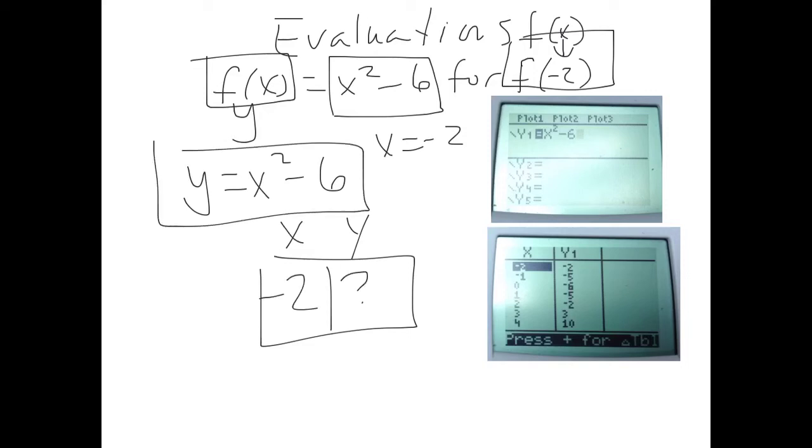So I take this, type it into my calculator into y equals. Then I hit second graph to get the table to come up. Then I go on the table and I find my negative 2, and we find that that also goes with negative 2. Okay? There's some ways you can plug in and stuff, but I still feel like using this y equals in your table anytime you have this f of x stuff is much easier. There's much less risk in doing a problem like that.